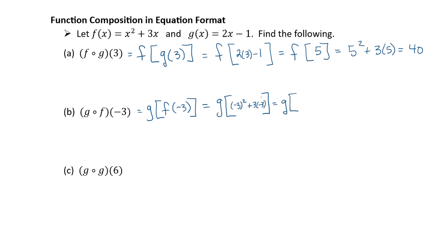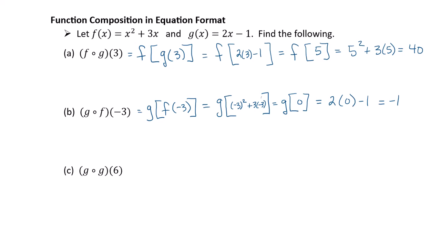So this is g of 9 minus 9, which is g of 0. The only thing left to evaluate is g of 0. The g function says 2 times the input minus 1, and the result is negative 1. So g composed of f of negative 3 is negative 1.